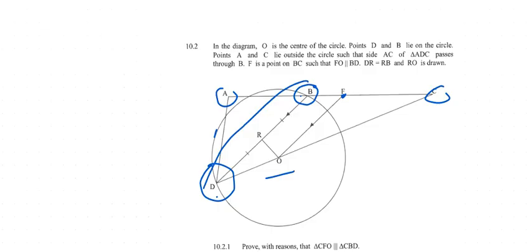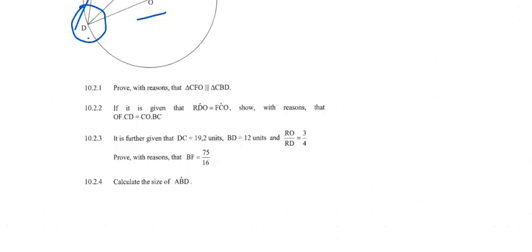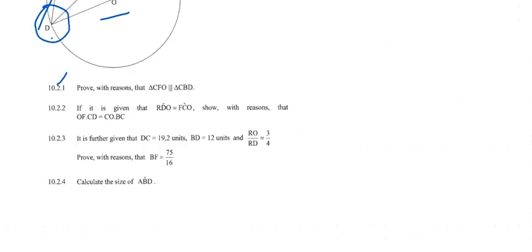The first question, 10.2.1: prove with the reason that triangle CFO is similar to triangle CBD. All right. So we have to prove that. If I remove all this stuff, what do they say?